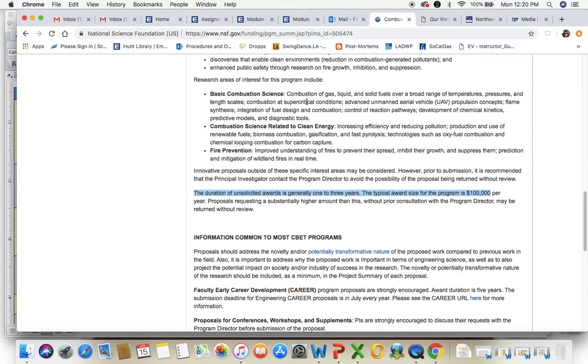And it spans a few things, right? They talk about the basic combustion science related to clean energy, and then fire prevention. So essentially, your proposal would not address all of these things, obviously, because that's way too many things. You would select one thing, and then it just needs to fall within one of those categories.